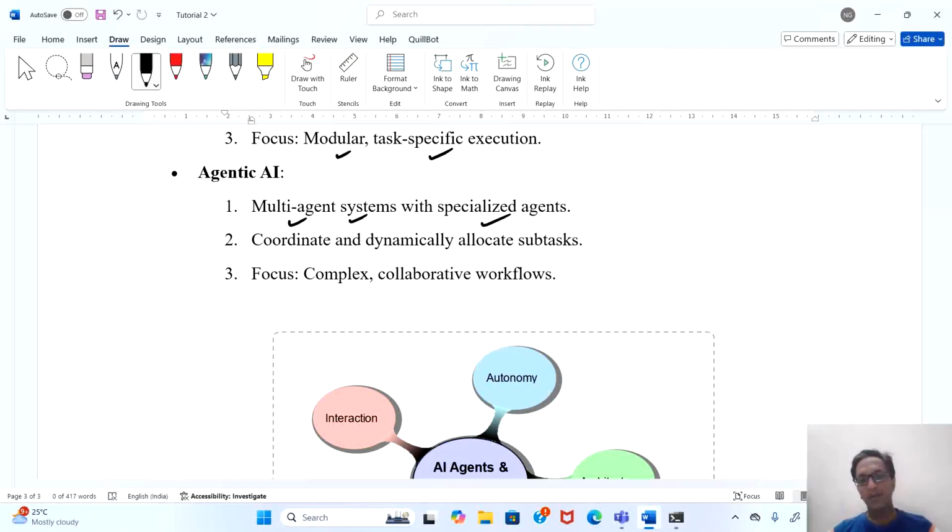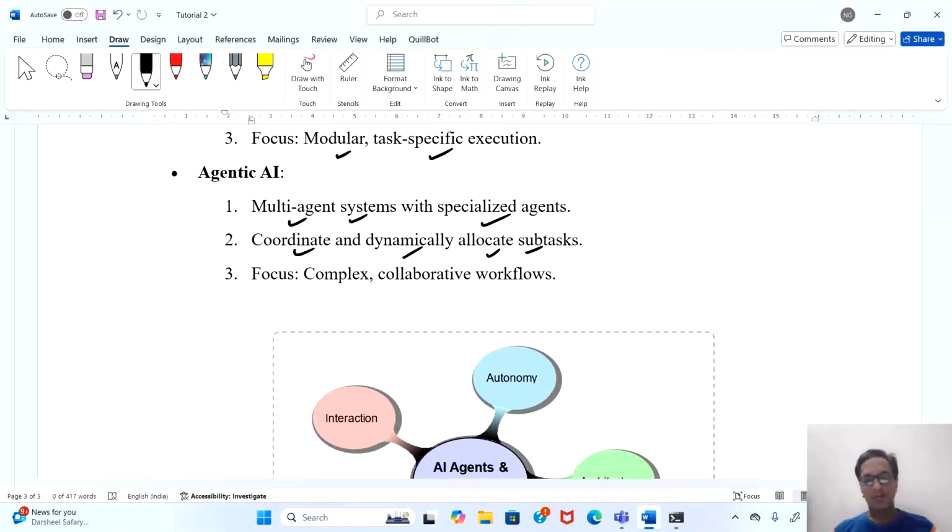So we have many agents present here who are working on their specific task. So it's a group of AI agents. They do coordinate. They also perform dynamically on the allocated task.